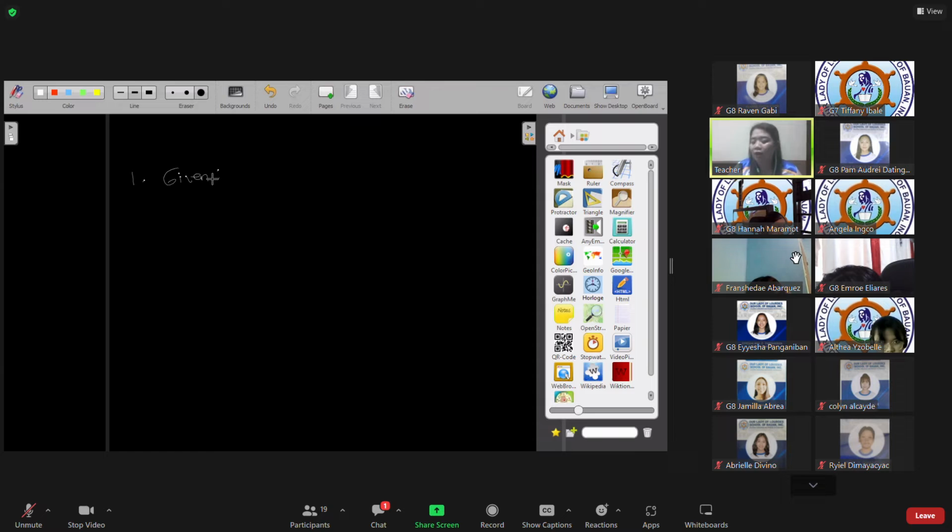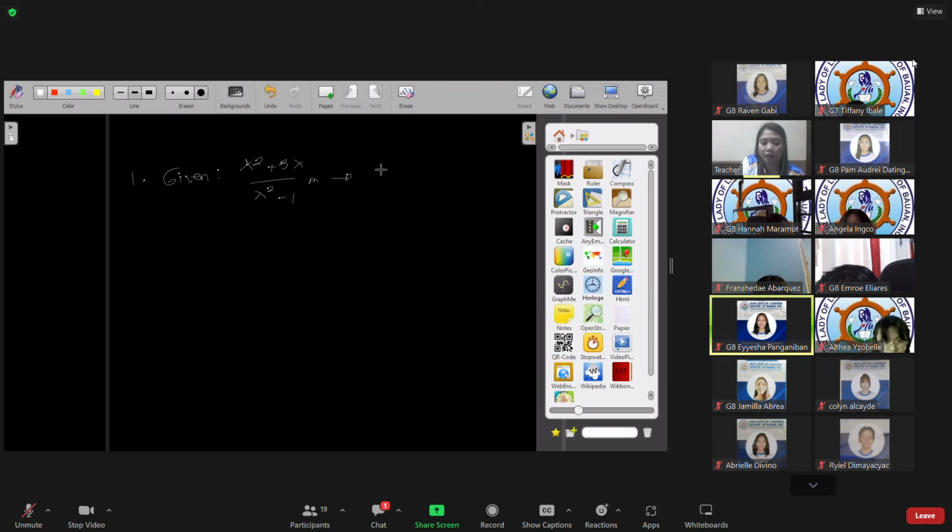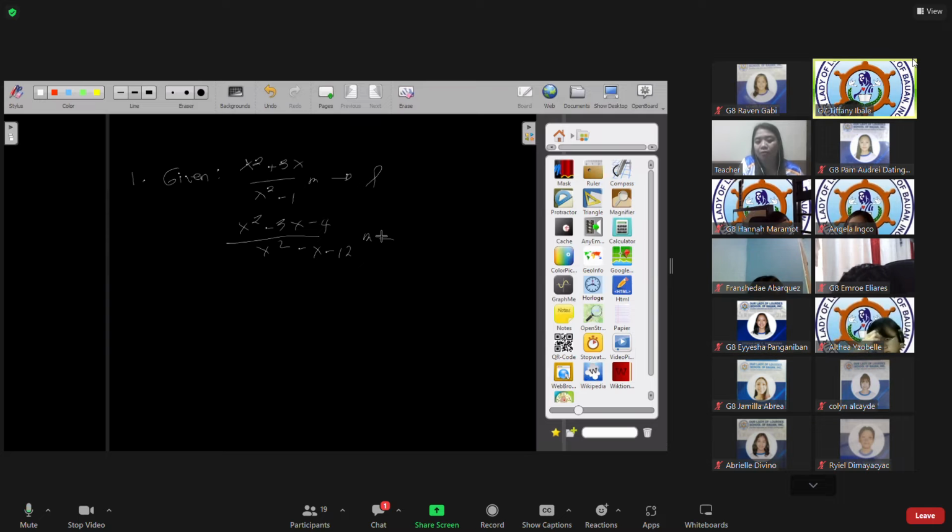X squared plus 3x over x squared minus 1 meters. So this is our length. Next one, x squared minus 3x minus 4 over x squared minus x minus 12. It is our width.